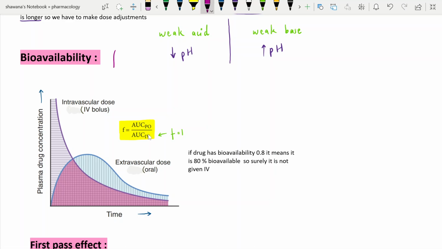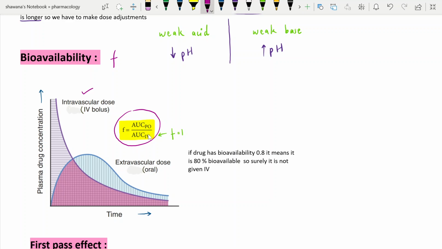We indicate it as F. So F has a formula, and the formula consists of two things. We compare the bioavailability of a drug that is administered extravascularly with the drug which is administered intravascularly. So what does it mean?